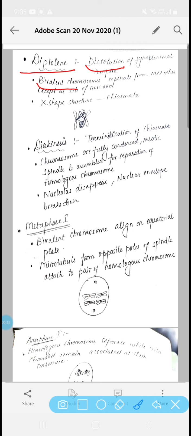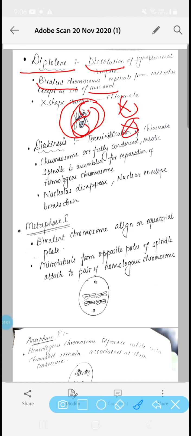that was formed, those bivalent chromosomes get separated from each other except at the site of crossing over. So if we see the diagram over here, X-shaped structures are formed, which are called chiasmata. Here I have mentioned in the diagram this X-like structure, where there is recombination nodule formation.